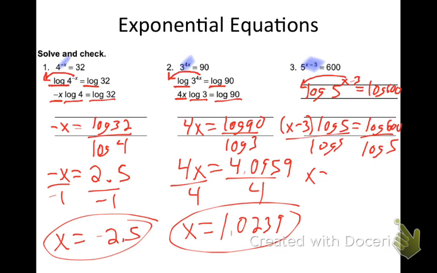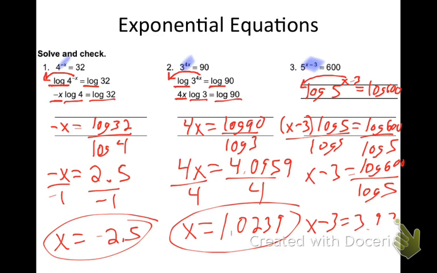So I have x minus 3 equals log 600 divided by log 5. What's log 600 divided by log 5? What'd you say it was? It was like 3.97. So I have x minus 3 equals 3.97, you said?